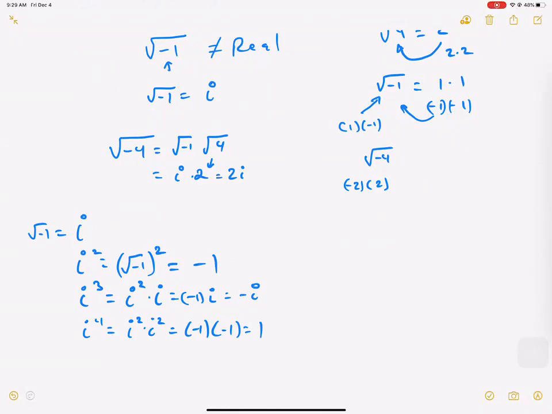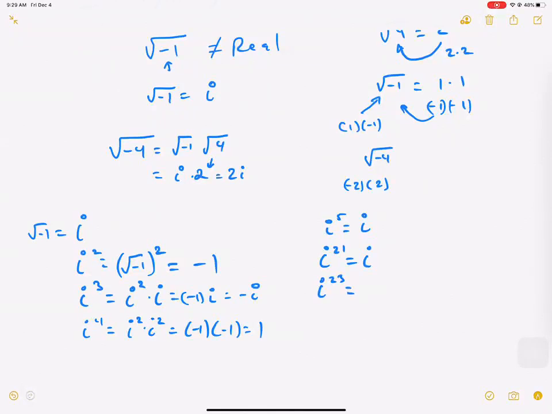We gave a couple examples in our game. If we said i to the 5th, this is really, hey, can I divide 5 by 4? Well, you get a remainder 1. That's a remainder 1, only one i left. If I say i to the 21, can I divide 21 by 4? Yeah, but with a remainder 1, so remainder 1, i. How about i to the 23rd?